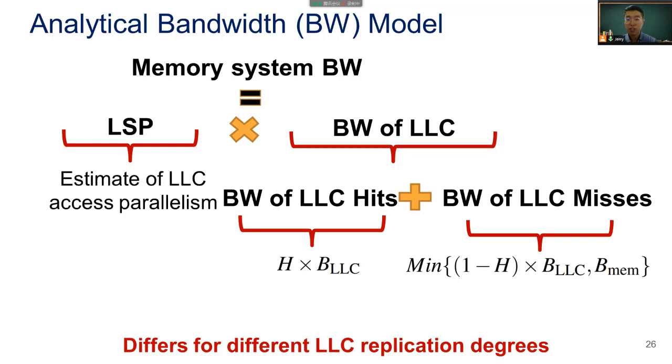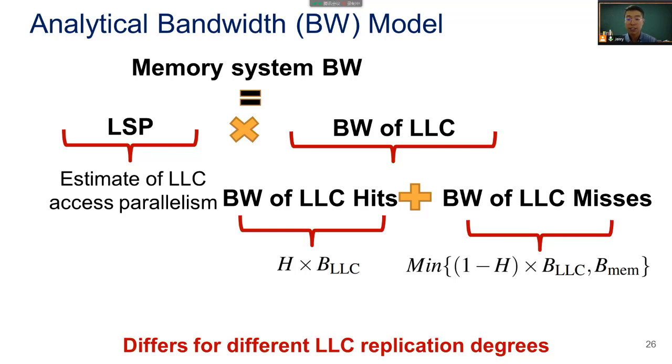Bandwidth of the LLC is the bandwidth of LLC hits plus the bandwidth of LLC misses. Bandwidth of LLC hits is the hit rate multiplying the LLC bandwidth. The bandwidth of LLC misses depends on the LLC hit rate, LLC bandwidth, and memory bandwidth. For example, if the LLC hit rate is high, the memory bandwidth can cover the LLC misses.